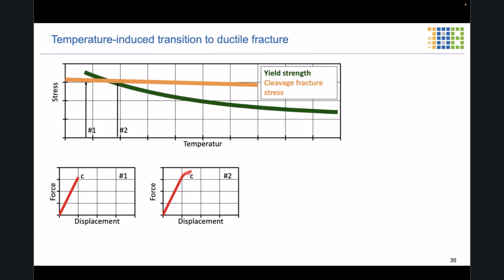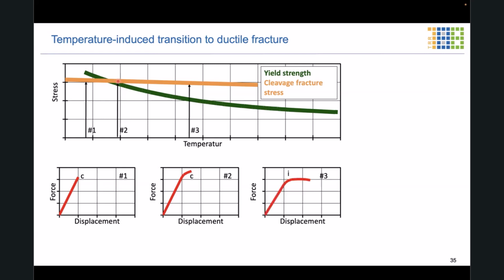And that means after a certain amount of hardening, we reach the cleavage fracture stress of the component. If we now increase the temperature even further, then relatively early, we will reach the yield stress of the material.